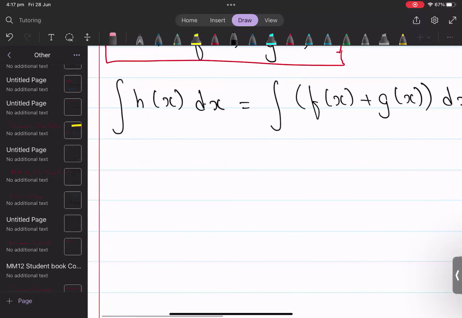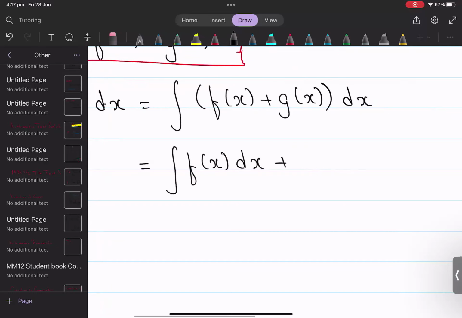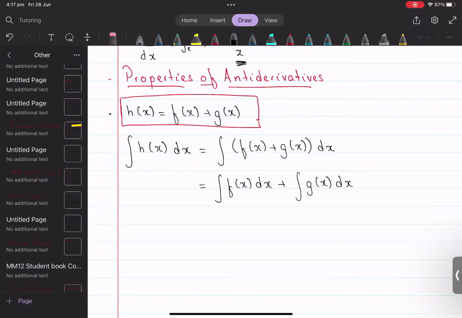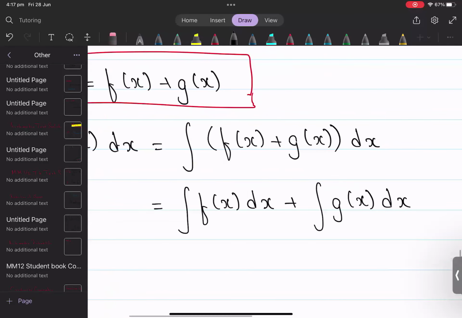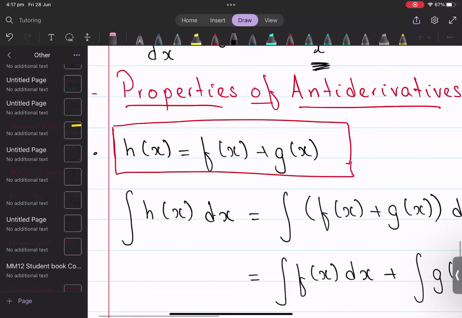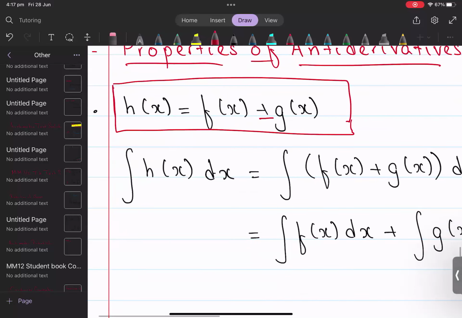Well, one of the fundamental properties of antiderivatives comes right here. This can be split up as the antiderivative of f of x with respect to x plus the antiderivative of g of x with respect to x. And believe it or not, even if h of x was f of x minus g of x, the same sort of property holds.